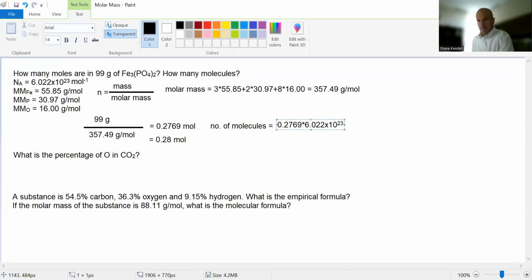Okay. And I should probably have the units in there. So the units here are mole, and the units here are going to be your grams per mole, so your per mole.